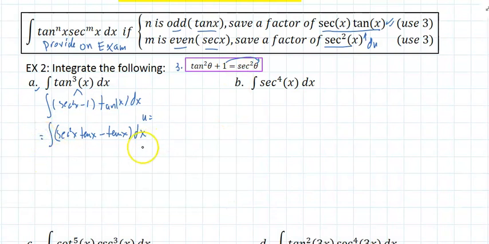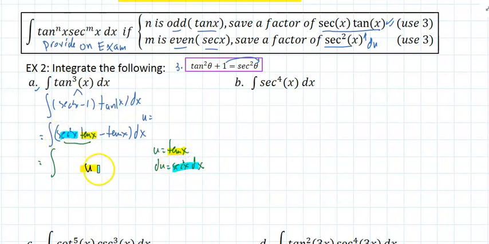So now if I take this first piece, if I let u equal tangent of x, I know du is secant squared of x dx. So this becomes the integral, there's my u, and secant squared of x dx is simply my du.